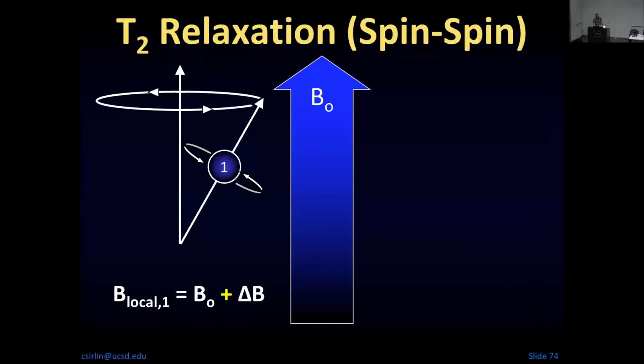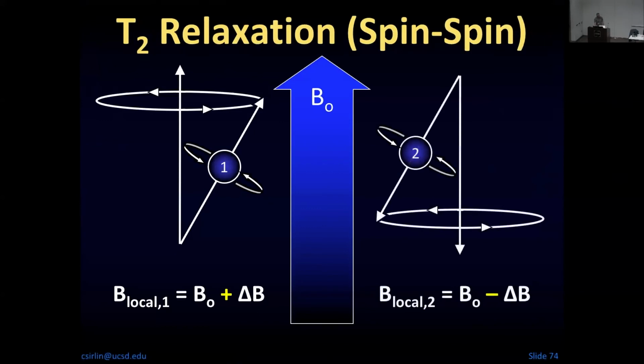So what is the magnetic field over here? The magnetic field over here is not B naught, right? The magnetic field over here is B naught plus a tiny amount of additional positive magnetic field induced by this magnetic dipole moment. So as soon as you put a proton into this beautiful homogeneous magnetic field, this beautiful magnetic field is no longer perfectly homogeneous.